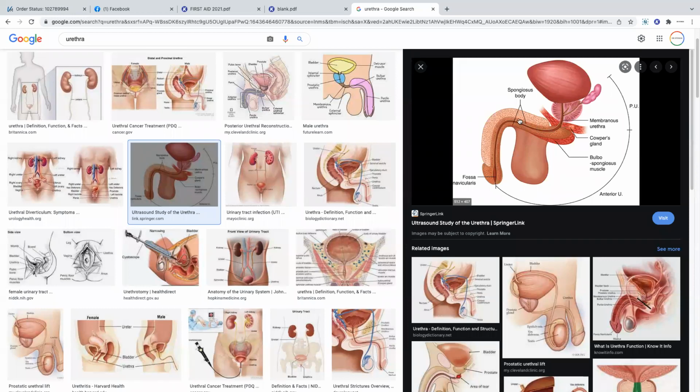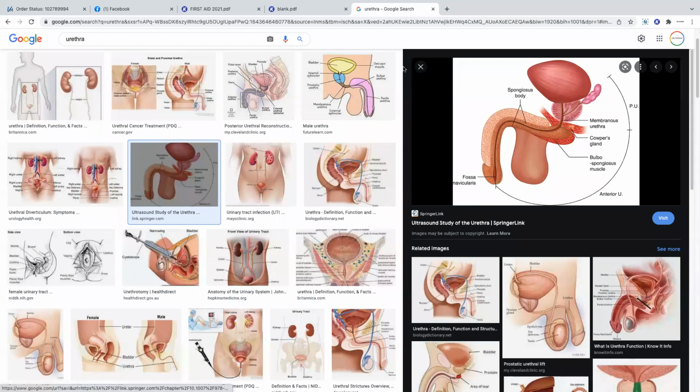The spongy urethra is usually the one that is covered in both layers by the corpora cavernosa. And you have the membranous urethra over here. This membranous urethra is usually engulfed by the prostate gland. So that's that: the membranous and the bulbous, or spongy, urethra.